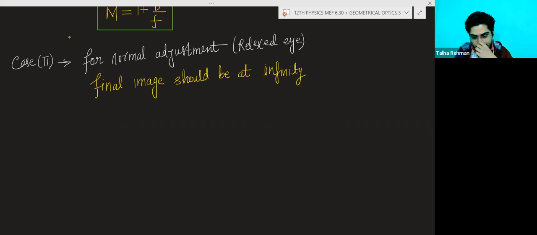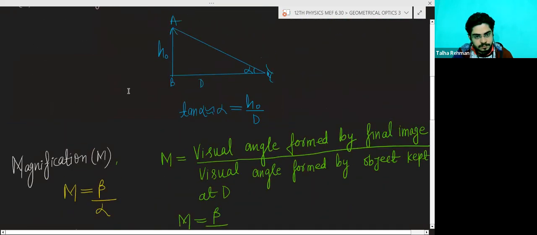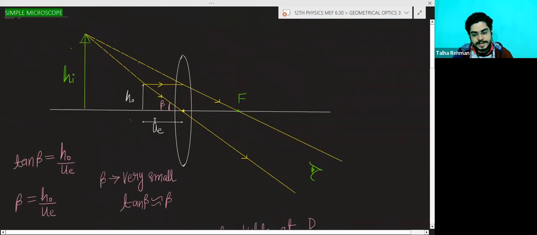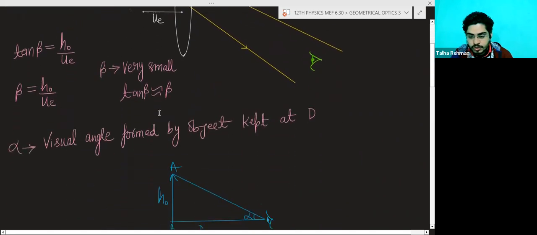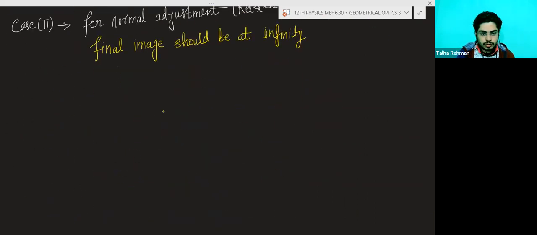Now we will calculate the magnification again. This time, see what is the object distance? The object is placed at a distance of UE, but the image is at infinity, so V is equal to infinity, and the object distance is minus UE.